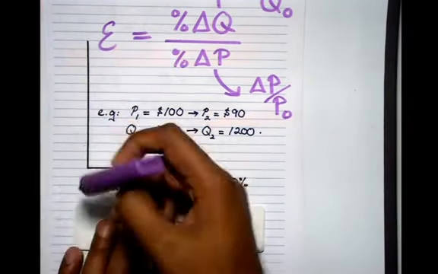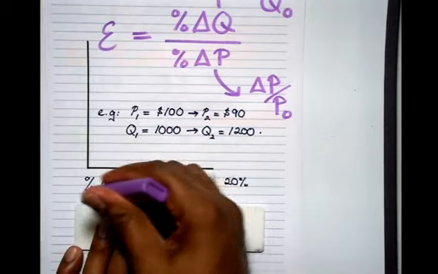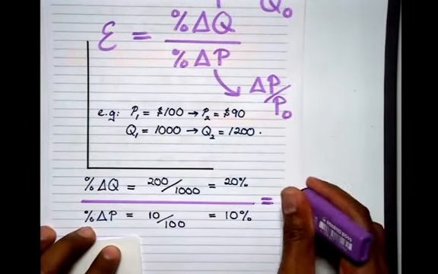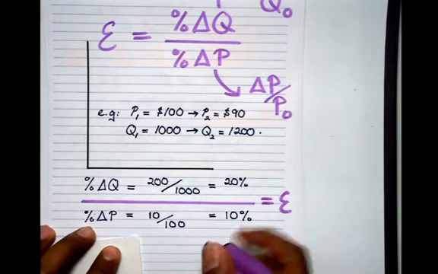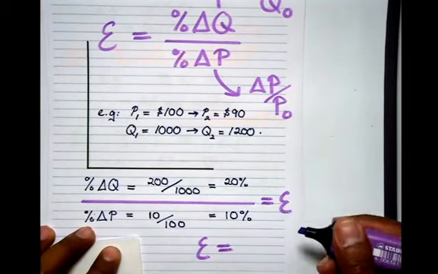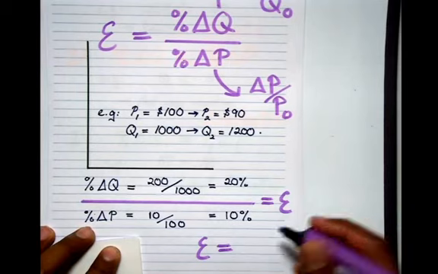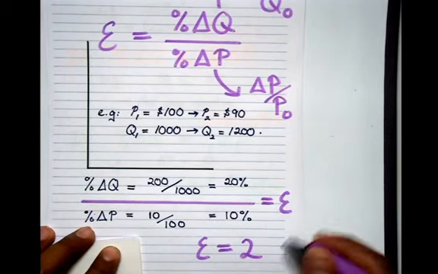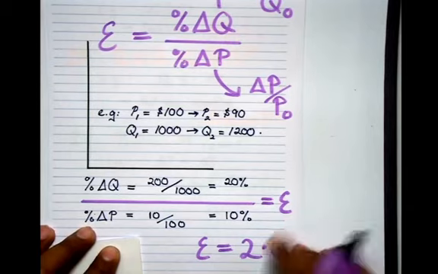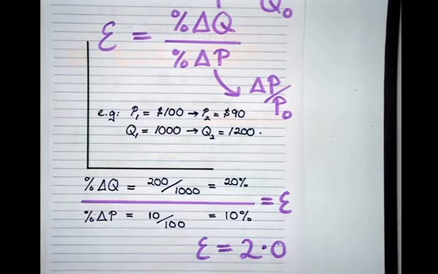Elasticity is when you divide the percentage change in quantity by the percentage change in price. So how much is elasticity? 20 divided by 10, which is 2. The value for elasticity is 2. Not too hard? It's okay, right?